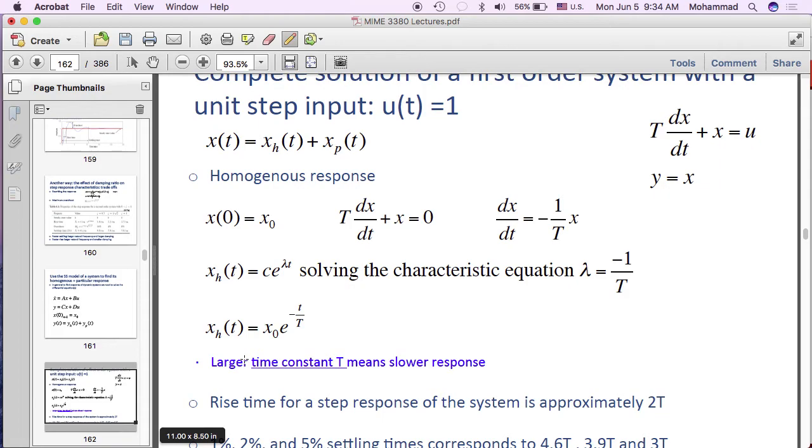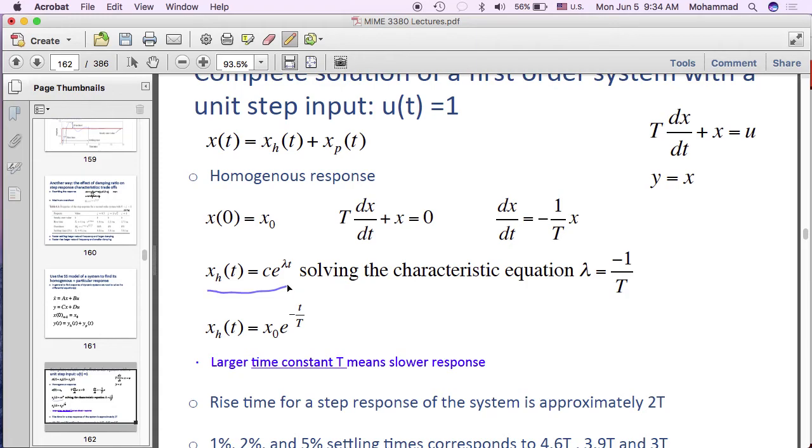So this is the simplest differential equation you could have: T x dot plus x is equal to u. I showed you the way to find this. The solution to this differential equation is to form its characteristic equation, which means assume a certain form of the response, which we are assuming here. This is the assumed homogeneous response.